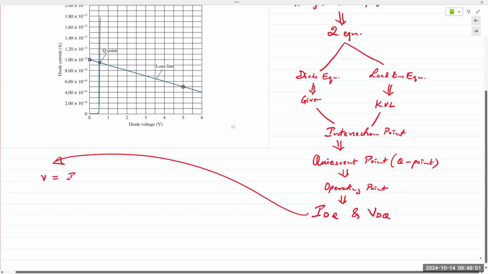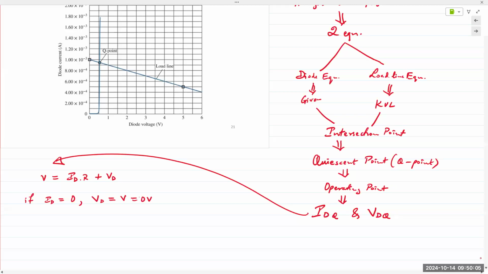V, the source voltage, is IDR plus VD. If ID is equal to 0, then VD is equal to V, which is equal to 10 volts. Right? ID is 0 and VD is 10 volts.